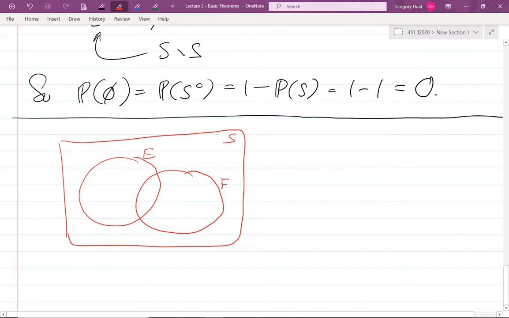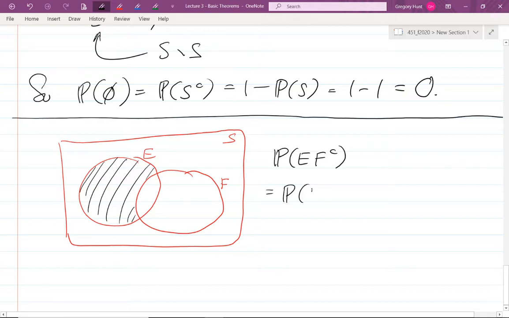And what I want to do is calculate the probability of EF complement. So what's EF complement? EF complement is the part of E that doesn't involve F. This is probability of E less F. Same thing, just different notation.